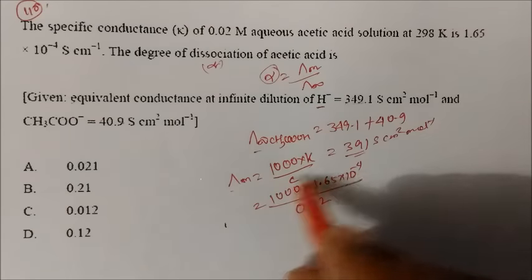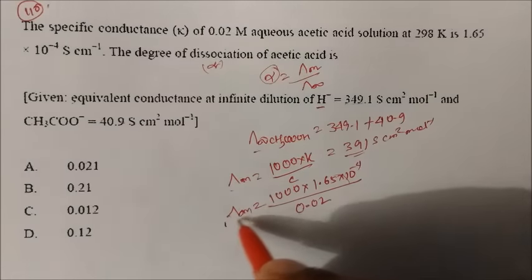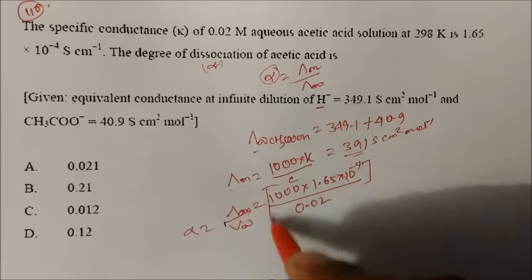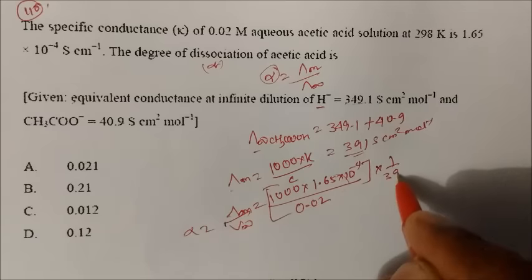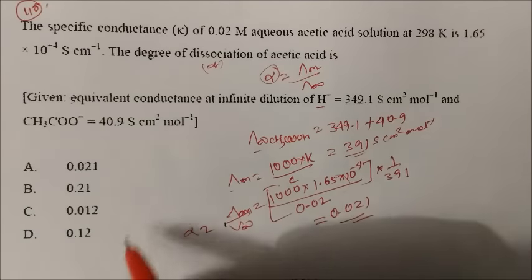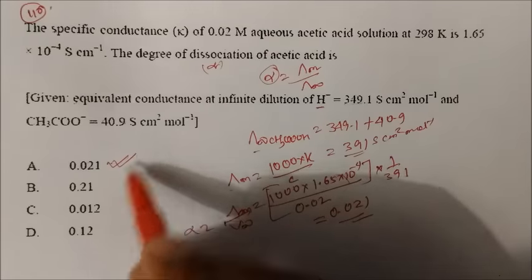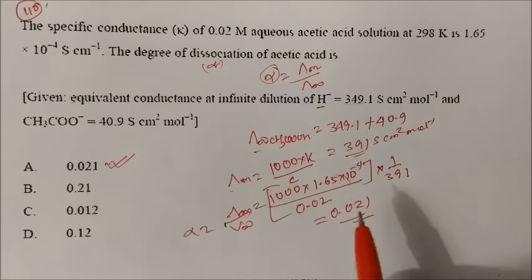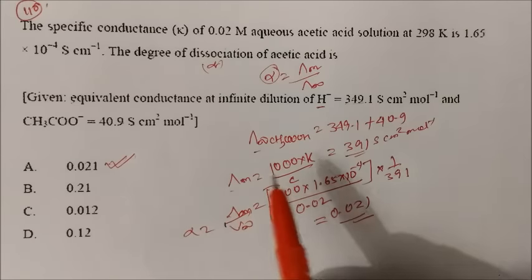So this is the lambda m, and if you divide by lambda infinite, this becomes your alpha. So if you divide this whole value by 391, then you will get the answer 0.021. So out of 4 options, this is the only correct answer. So these are the solutions of this KVPY paper of 2016.